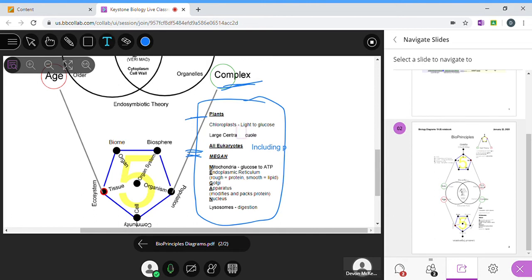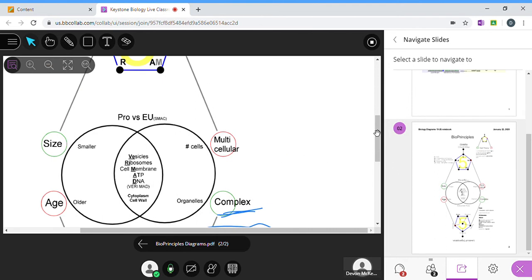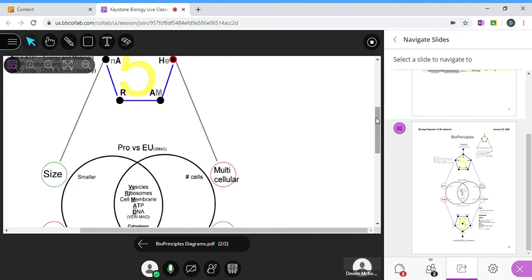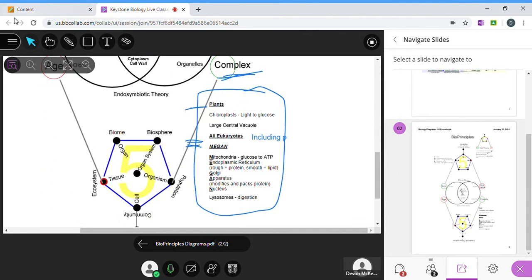Ooh, how did that happen? Let's see if I can fix that. Of course not. So we have the arrow, and I should be able to do that, and it's being squirrely again. Let's see if I click this, if it's going to let me.